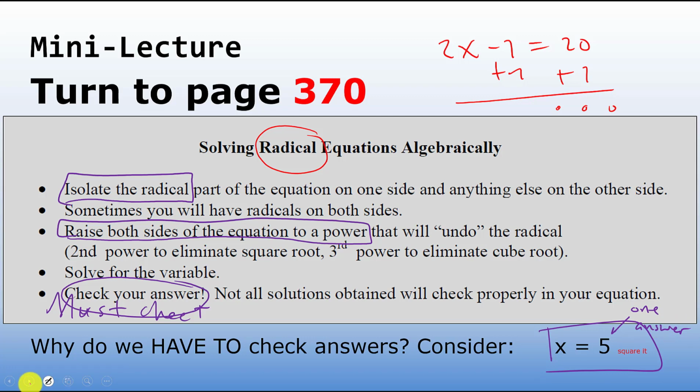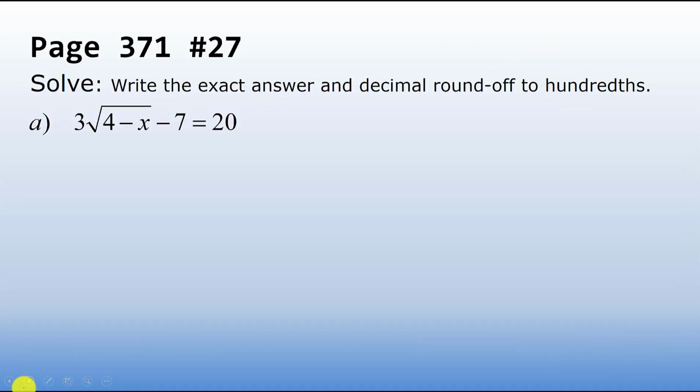So we started this page 370 and we looked at a quick example, and then we went on to page 371 and we were starting to solve this problem. We were thinking, okay, if you have a square root, how do you get x by itself?